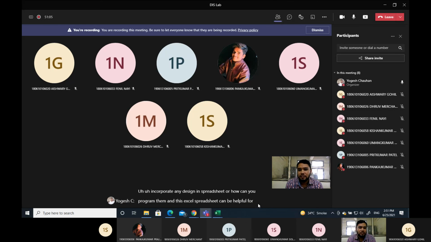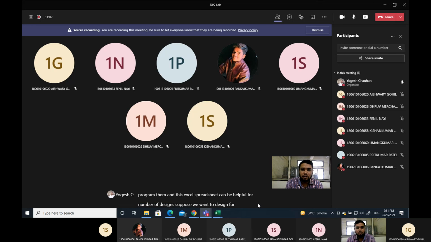Suppose you want to design for other dimensions of bunkers, it would give you results in quick seconds. So your efforts are minimized. You only have to put in effort one time, and then you can design n number of times using this spreadsheet. So any doubt in this?